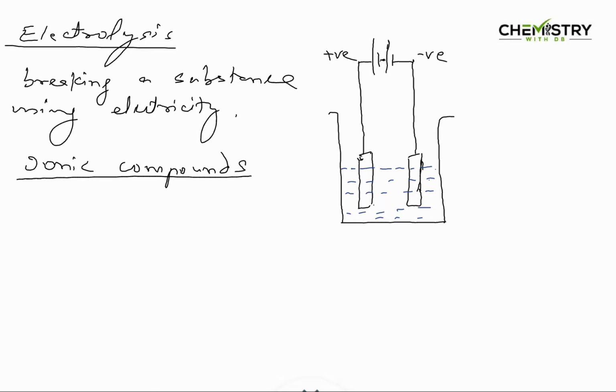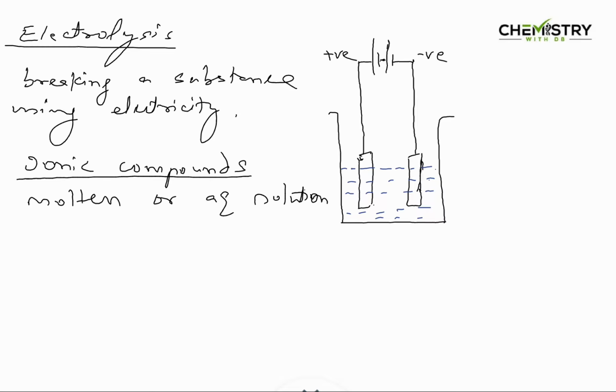Therefore, the ionic compound has to be in the form of a molten or aqueous solution in order for electricity to pass through. But in this video, I am going to explain the electrolysis of molten ionic compounds only. For aqueous solution, you can watch the next video.